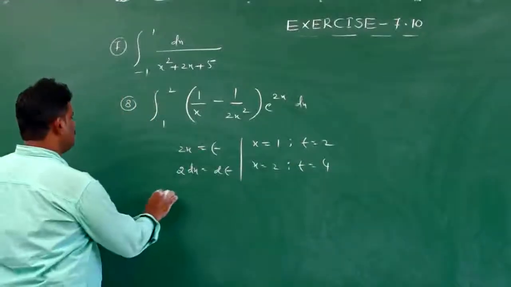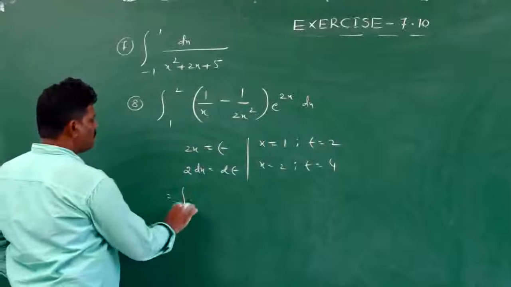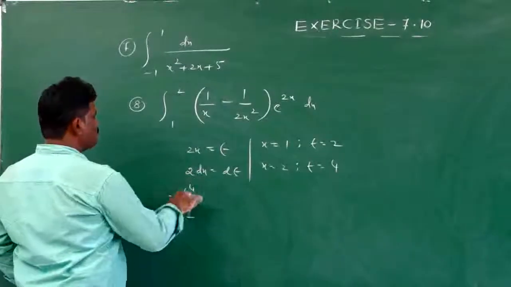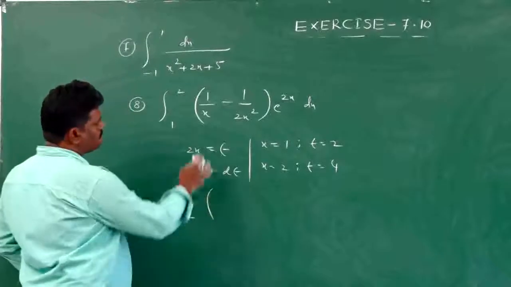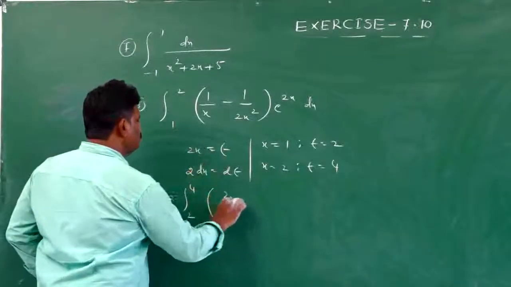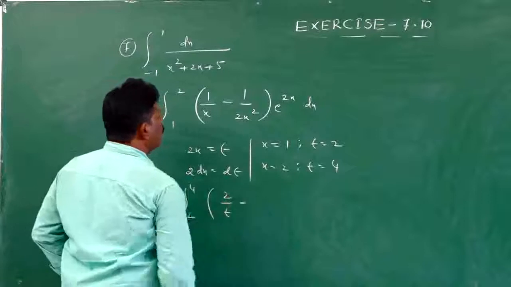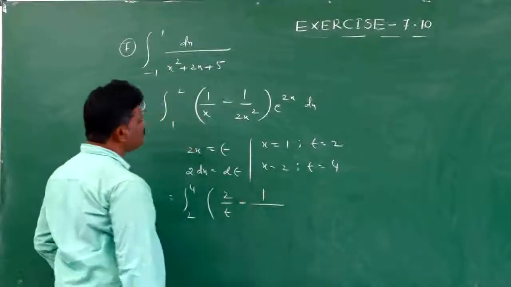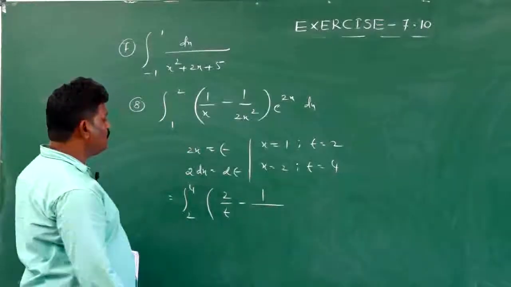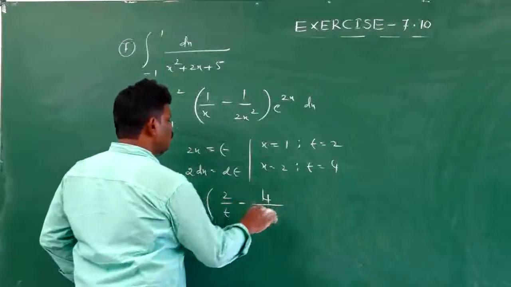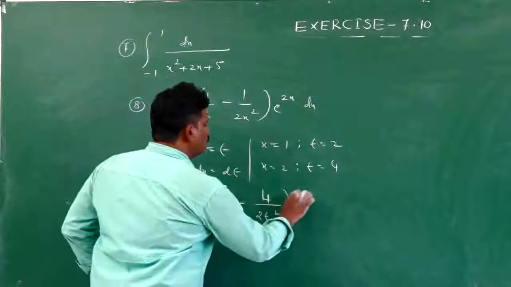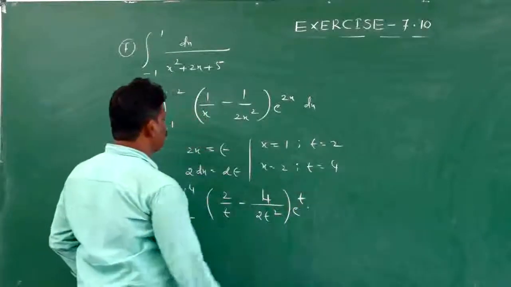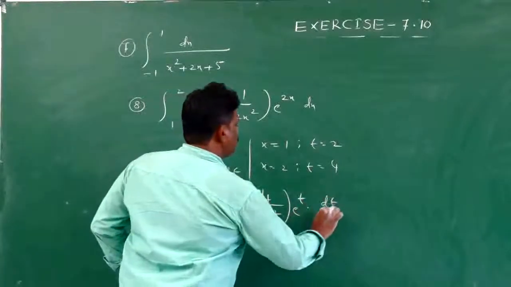Now substituting the limits, the integral runs from 2 to 4. Here x is equal to t by 2, so 1 by x means 2 by t, minus 1 by x square, which is 4 by 2 t square, into e power t, and dx is equal to dt by 2.